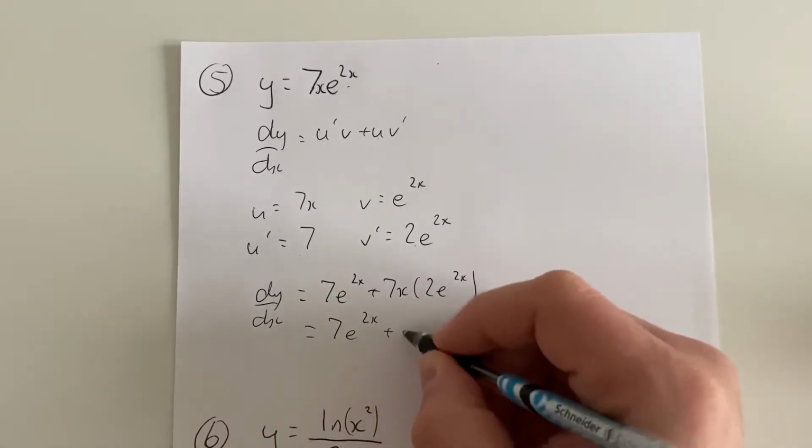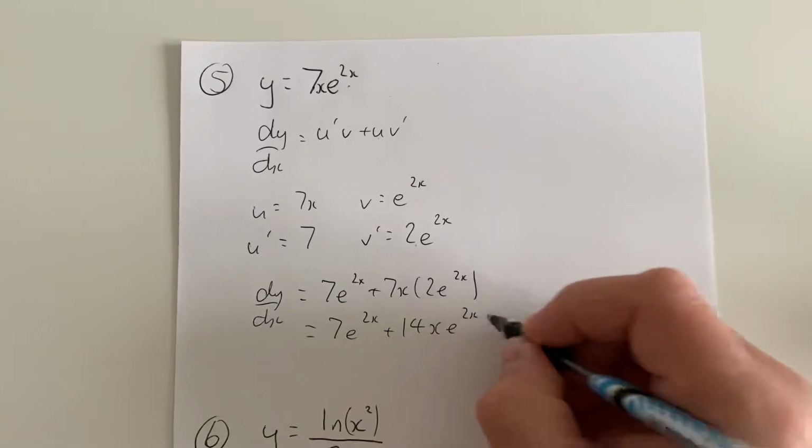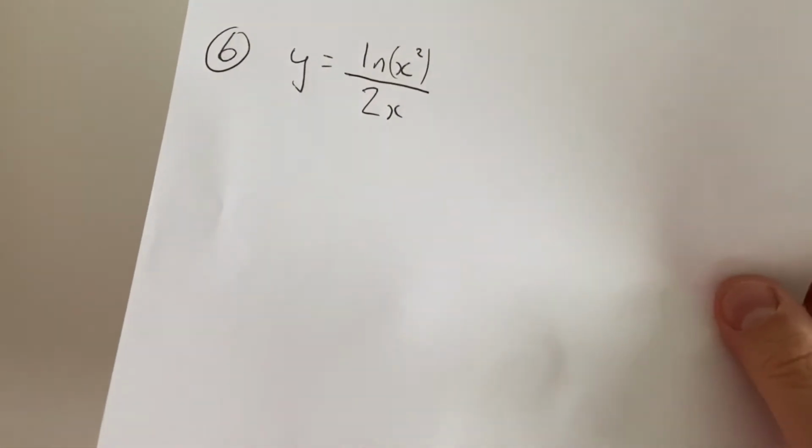So altogether, you would have 7e to the 2x add 14x e to the 2x. So the product rule still applies as it did before.